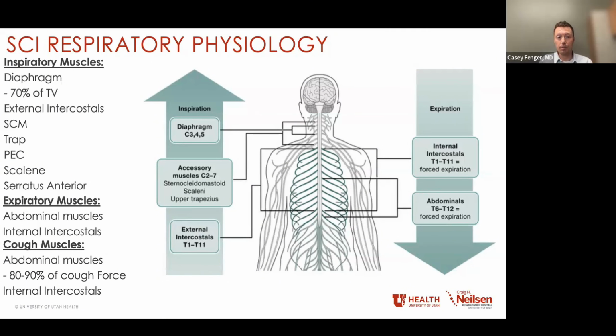Our expiratory muscles, we have abdominal muscles and our intercostals. Now, the abdominal muscles become crucial when it comes to generating a cough, and they make up about 80 to 90% of our cough force. And if you recall from the last slide, that really comes from our lower thoracic innervated spine levels.